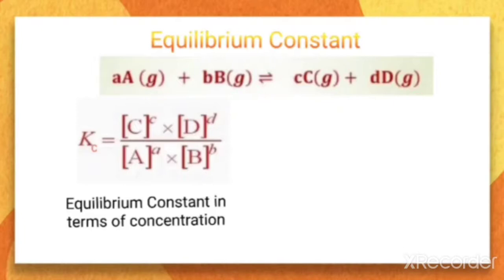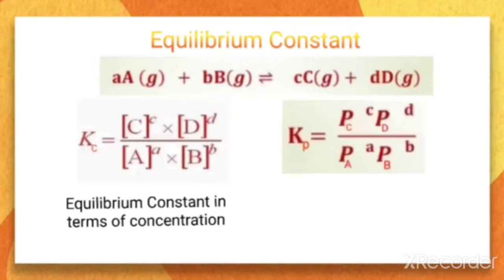Therefore, for this reaction Kp is equal to Pc^c times Pd^d divided by Pa^a times Pb^b, where P is the partial pressure of each gas.